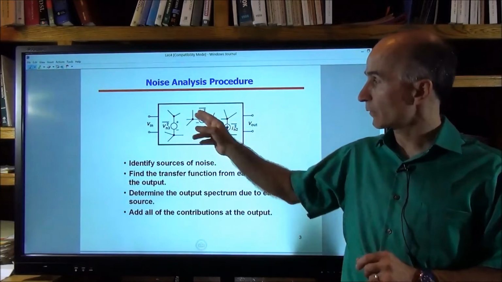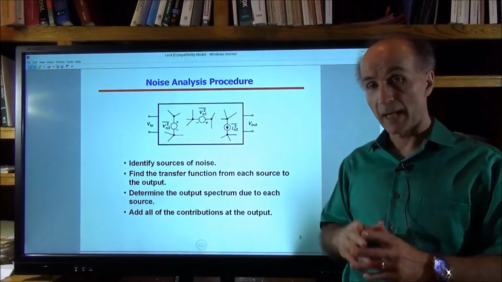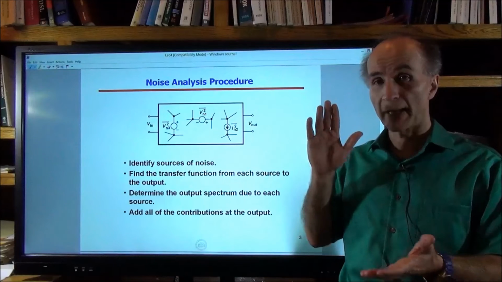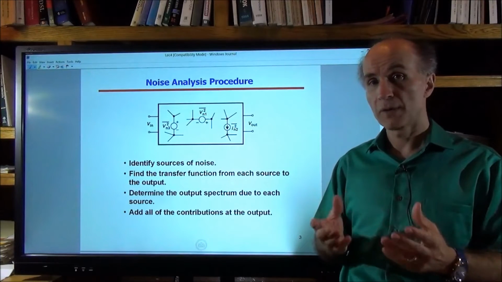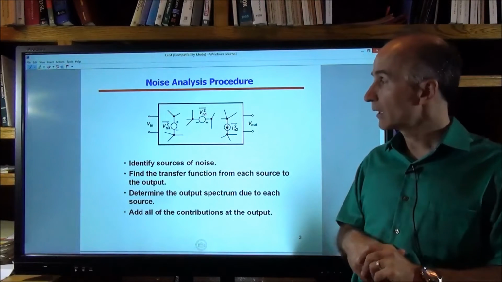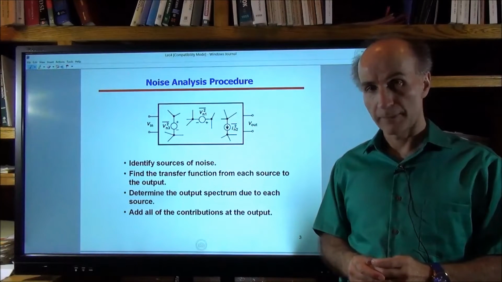So we repeat this for all sources of noise and we obtain the contributions at the output. And then if we know that these sources are uncorrelated, we simply add the spectra at the output and that will give us the total noise spectrum at the output of the circuit. So that's how we go about calculating noise in a given circuit topology.